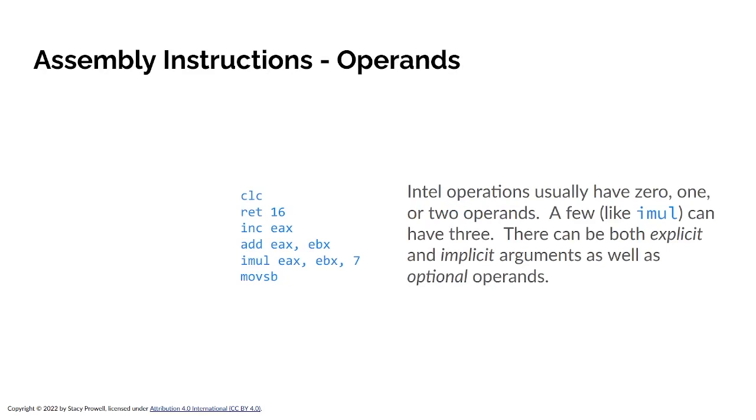Here are some different instructions that take different numbers of operands, and let's see what's going on here. So clear carry clears the carry flag. The carry flag is a bit in the condition register which tells whether or not the last operation resulted in a carry or a borrow. So think about adding numbers.